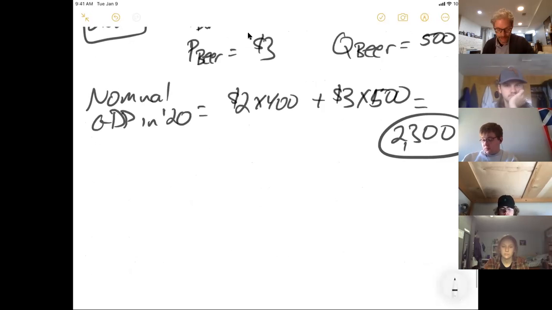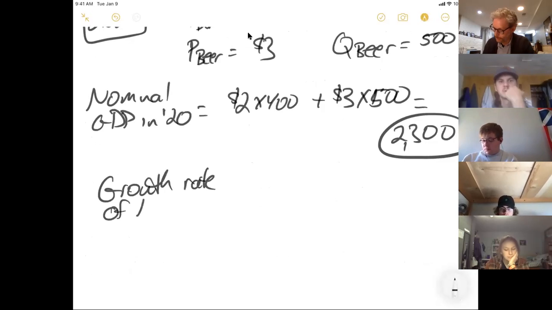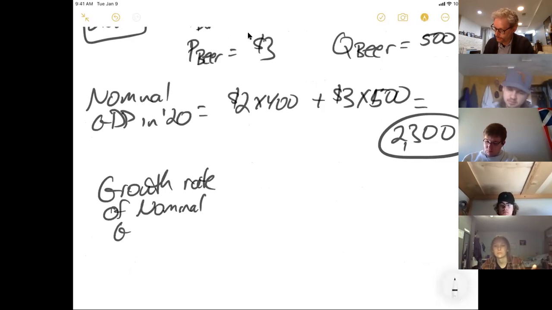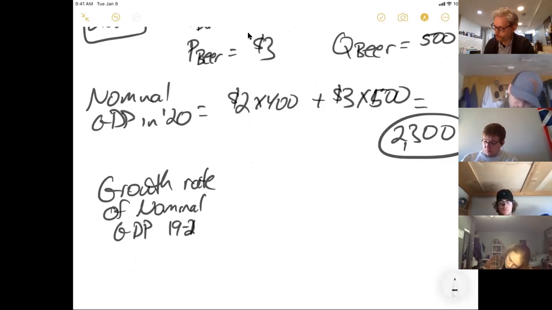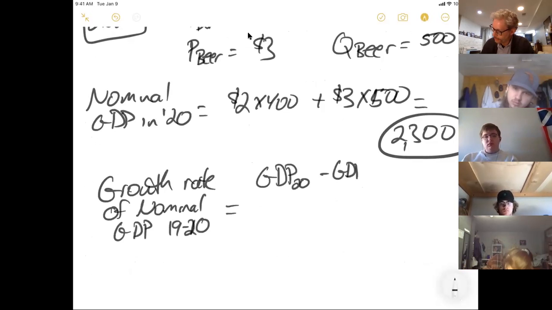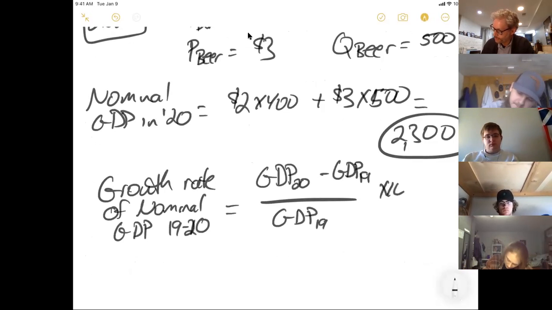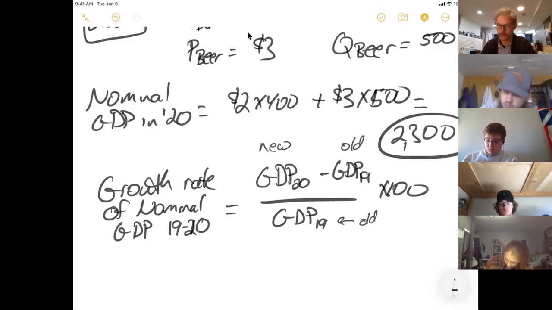In fact, we can calculate what the growth rate of nominal GDP was between 2019 and 2020, right? To get the growth rate, you want to take GDP in 2020 minus GDP in 2019, divided by GDP in 2019, times 100. So remember, when you calculate a growth rate, you always want to take the new observation minus the old observation and then divide by the old.